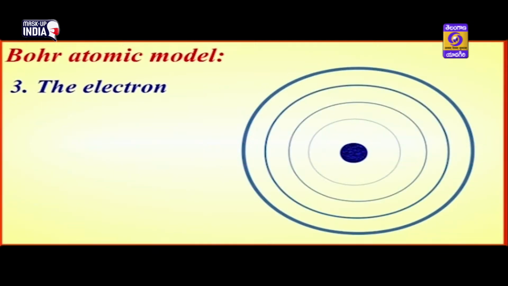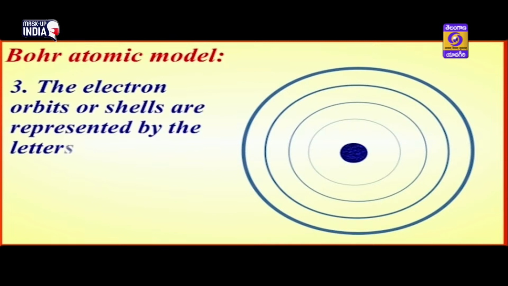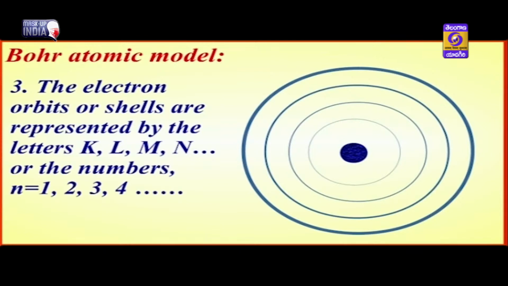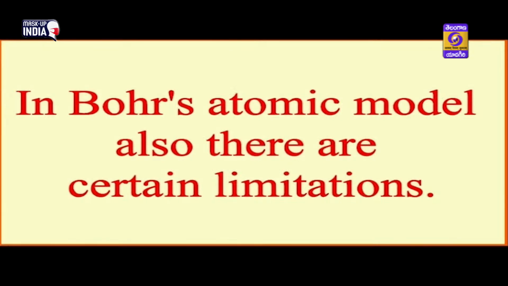The electron orbits or shells are represented by the letters K, L, M, N, or the numbers n equal to 1, 2, 3, 4, and so on. My dear children, in Bohr's atomic model also there are certain limitations.